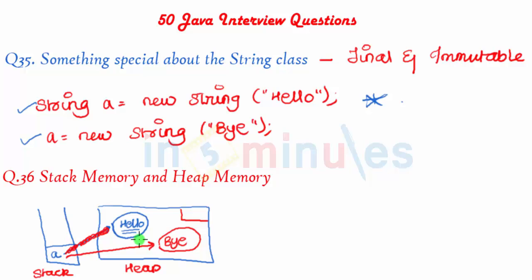A little more about the stack memory. Suppose your main function calls another function, add. So we'll have a new entry on our stack over here, and this will be the add function. And it will have all the references or primitive data types defined inside the add function. Further, if add calls some other function, then we'll have one more space. Now, as soon as the execution is over, let's say add calls some function subtract.